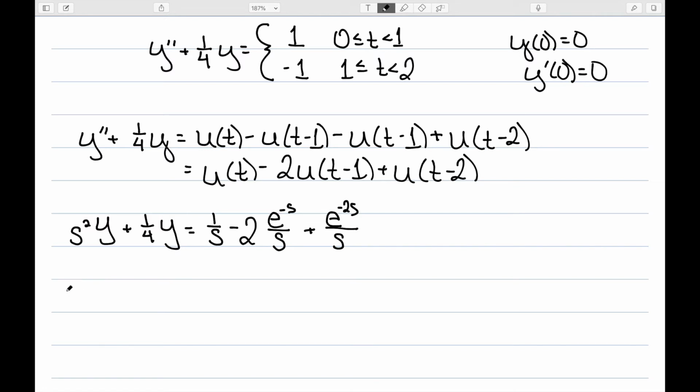So I'm going to go ahead and factor the left-hand side into s squared plus 1/4 times Y. The right-hand side will be 1 over s minus 2 e to the minus s over s plus e to the minus 2s over s.